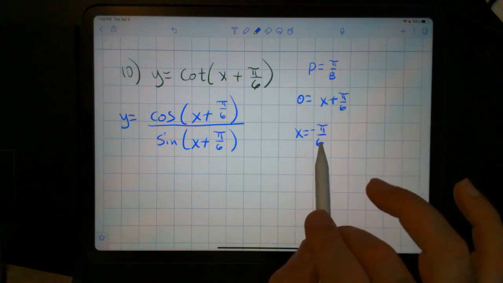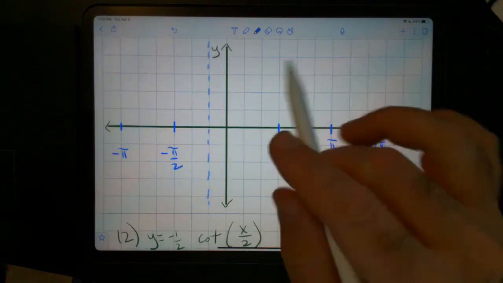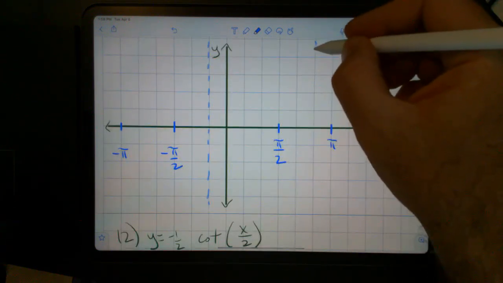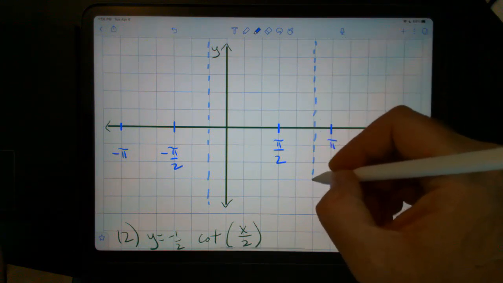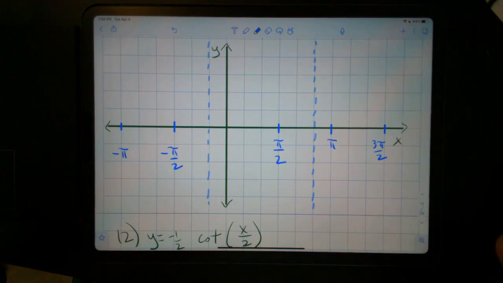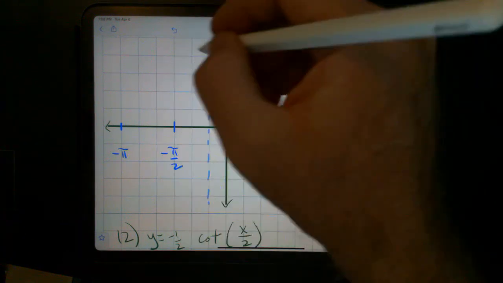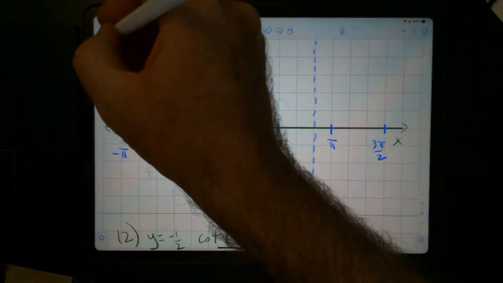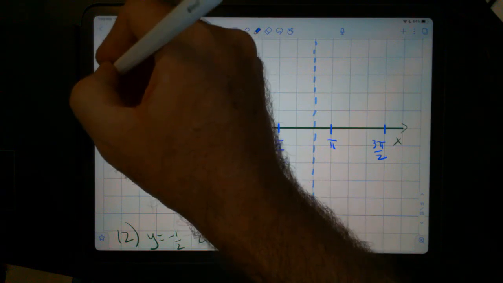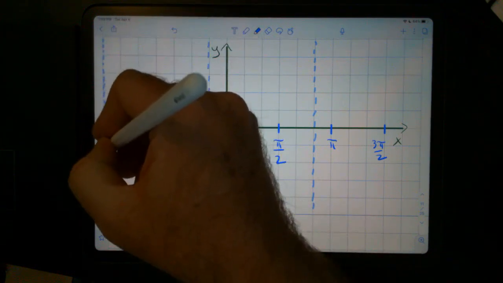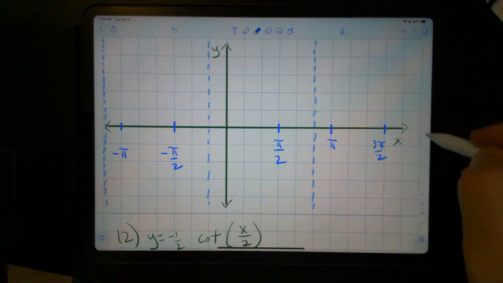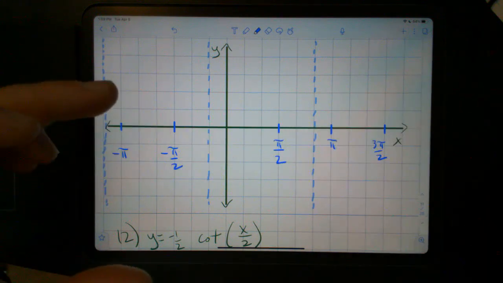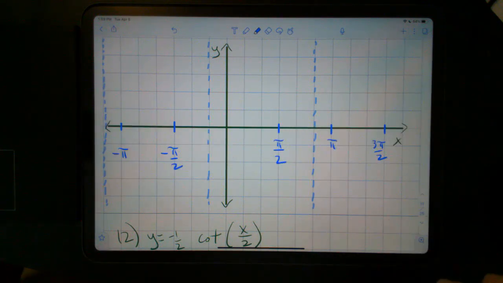Since your period is pi, it's going to be this plus pi, and we'll have an asymptote going on here at negative 7 pi over 6. Cannot quite fit the other one. This is just stretched more horizontally because that's how I wanted to do it.